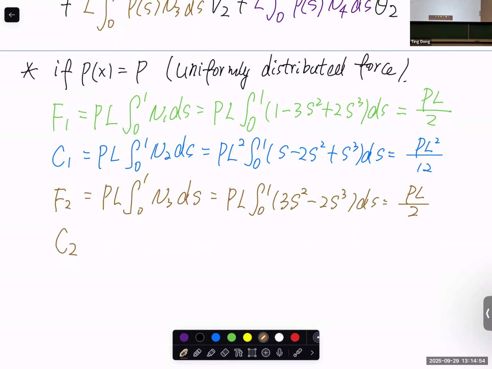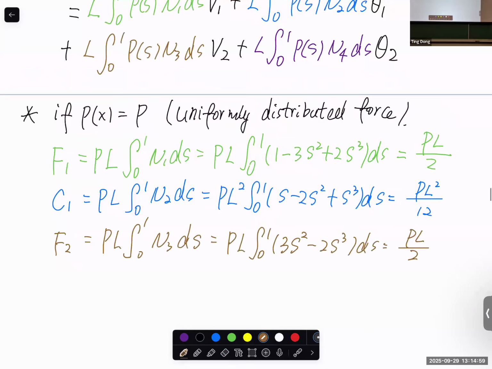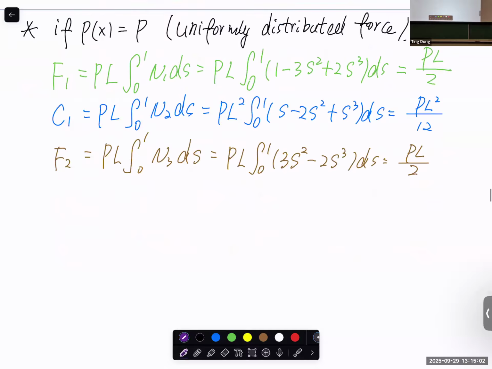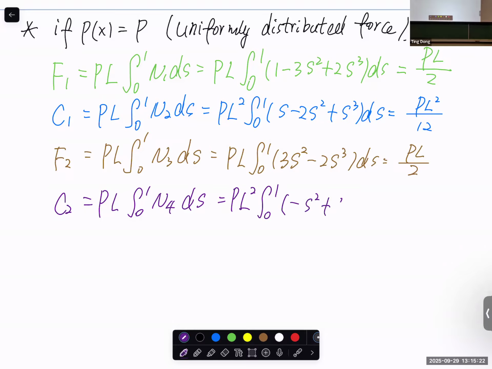C2, different color. PL integration of N4 ds. And again, the shape function itself has L, so now it becomes PL squared times the integration from 0 to 1, ds, which gives half of PL squared over 12.